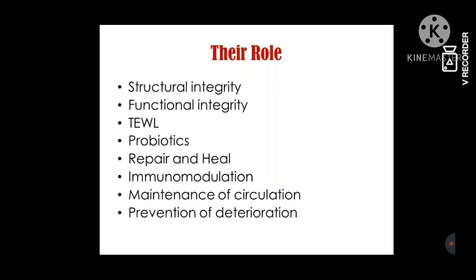So functional integrity should be normalized with the help of the food items that we take in. Vegetables and fruits can supplement the functional and structural integrity, and by that we can maintain the transepidermal water loss.